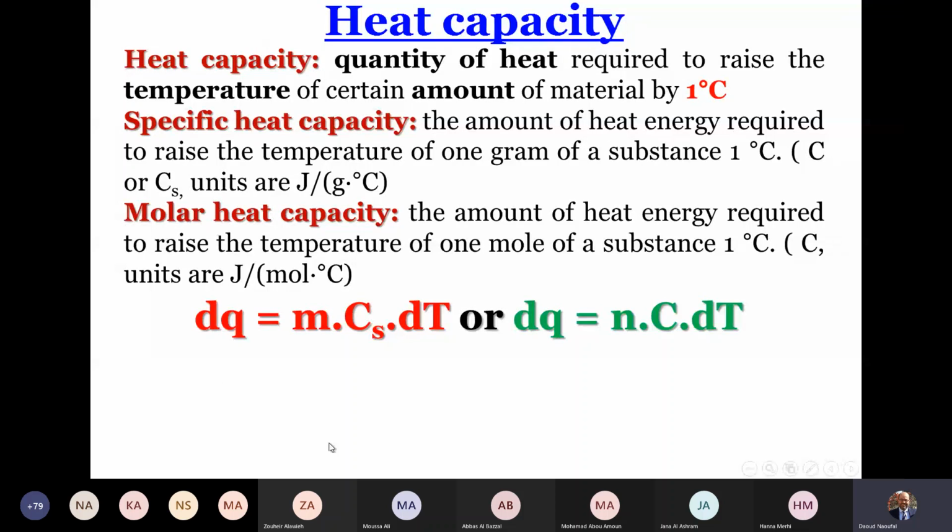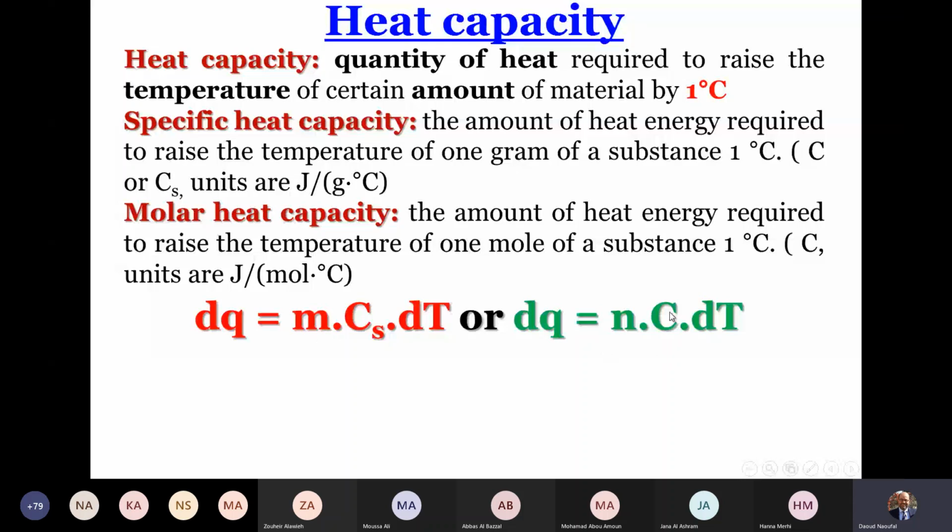So as a conclusion, the Q, which is the exchange between the system and the surrounding, depends on the amount m or n, depends on the heat capacity C, and depends on the temperature T.